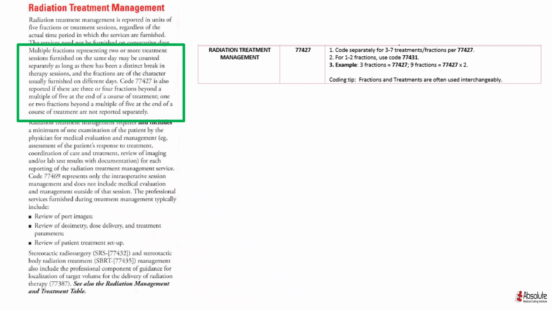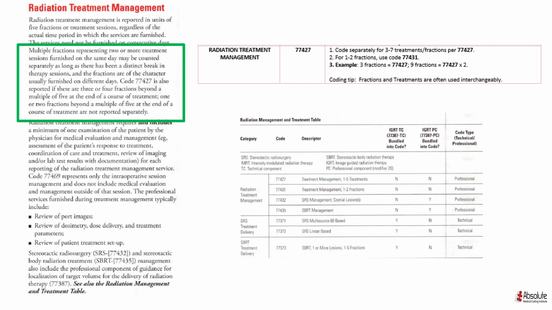And you might say, Mrs. J, the chart says 1 to 5. The guideline gives some allowances. It says multiple fractions. Let me get my pointer. Multiple fractions representing 2 or more treatments furnished on the same day may be counted separately as long as there is a distinct break in therapy sessions.